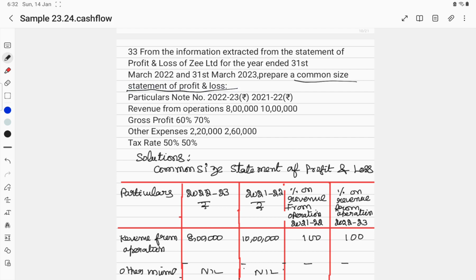Revenue from operations 22-23 is 8 lakhs, 21-22 is 10 lakhs. Gross profit 60% in 22-23 and 70% in 21-22. Other expenses 2 lakh 20 thousand in 22-23 and 2 lakh 60 thousand in 21-22. Tax rate in both years 50%.